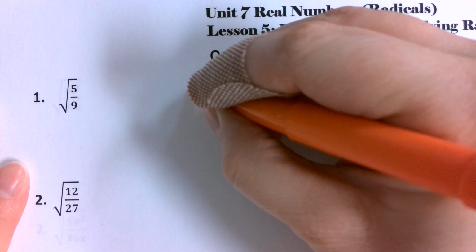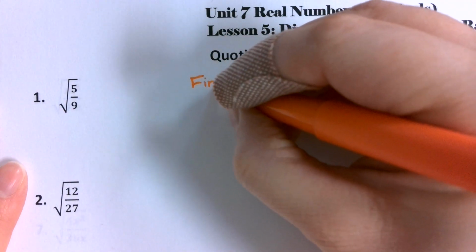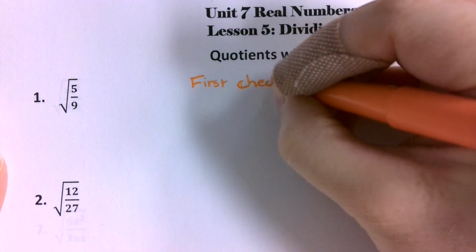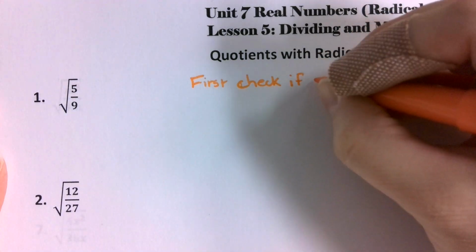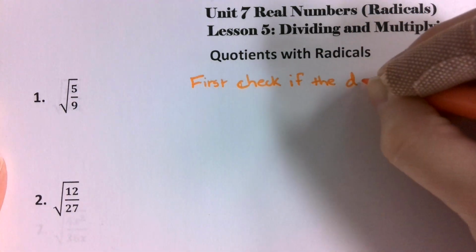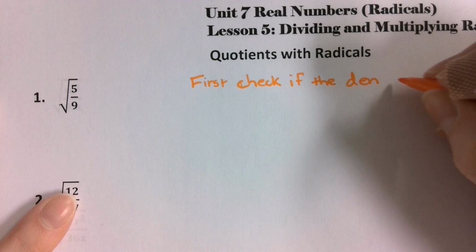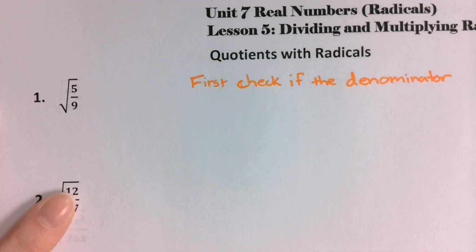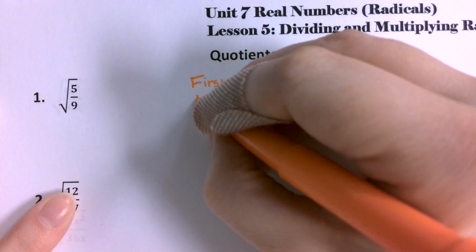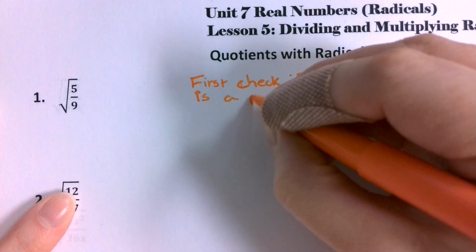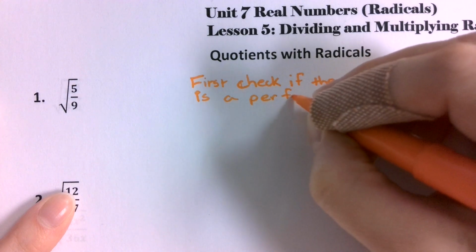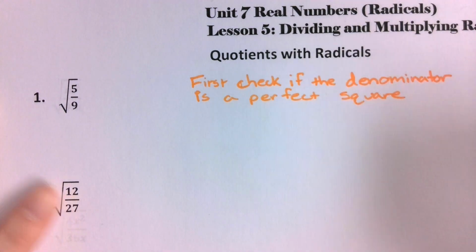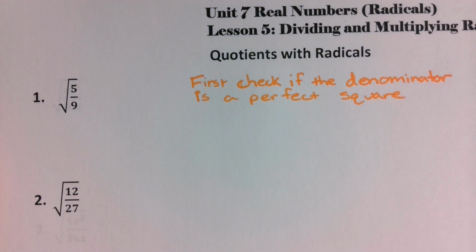So let's write that down: the first thing that you're always going to do, you're going to first check if the denominator, which is the bottom part of your fraction, is a perfect square. Always the first thing that you want to be able to check.